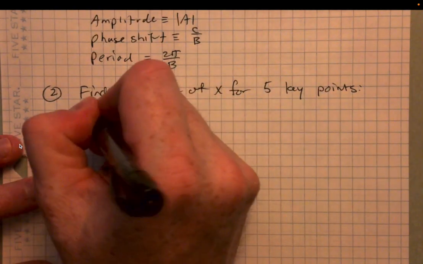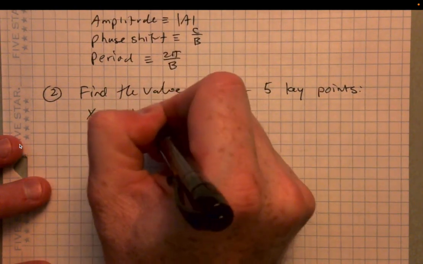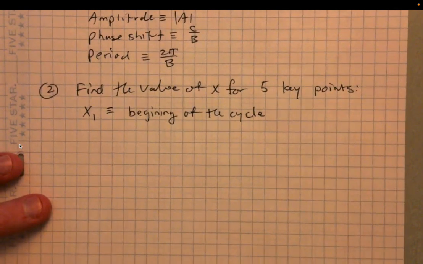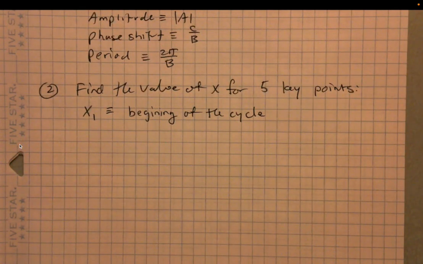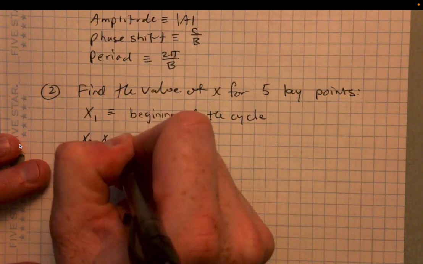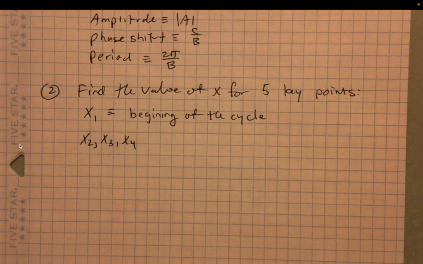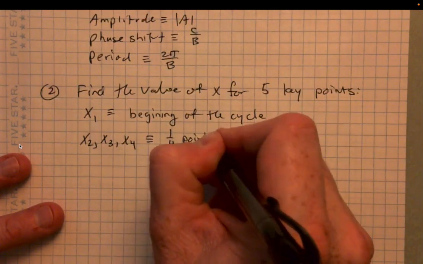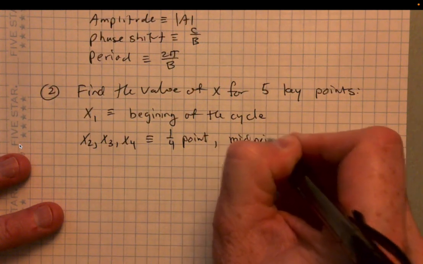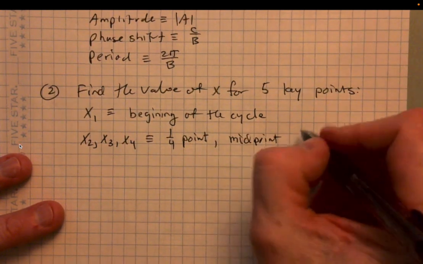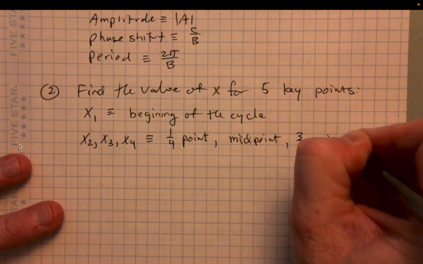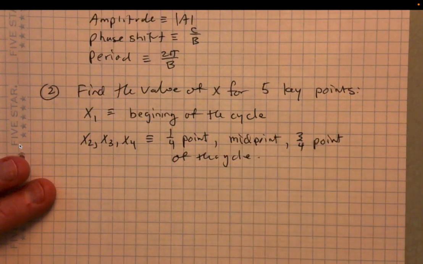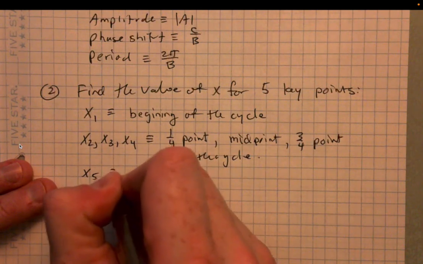Well, x1 is going to be the beginning of the cycle. x2, x3, and x4 are going to equal the quarter point, the midpoint, and the 3/4 point of the cycle. And then, of course, the 5th number is the end point of the cycle.